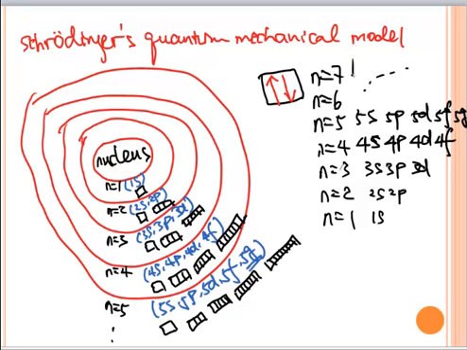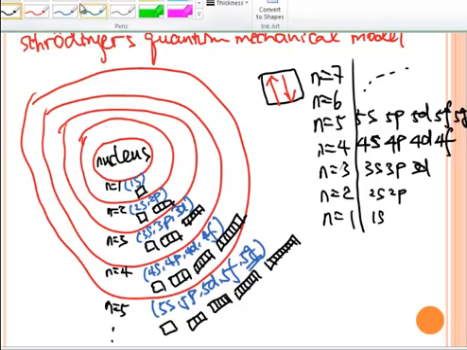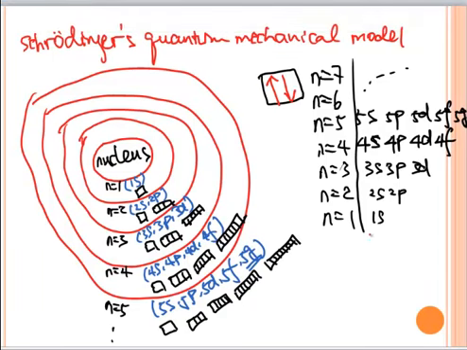Now you start to get the hang of this. We're going to draw diagonal lines to get the sequence. This will be the sequence of filling in these sublevels, and the list goes on now.